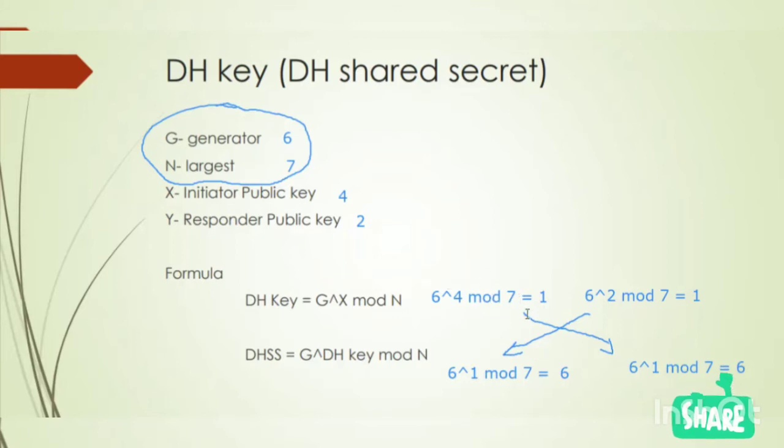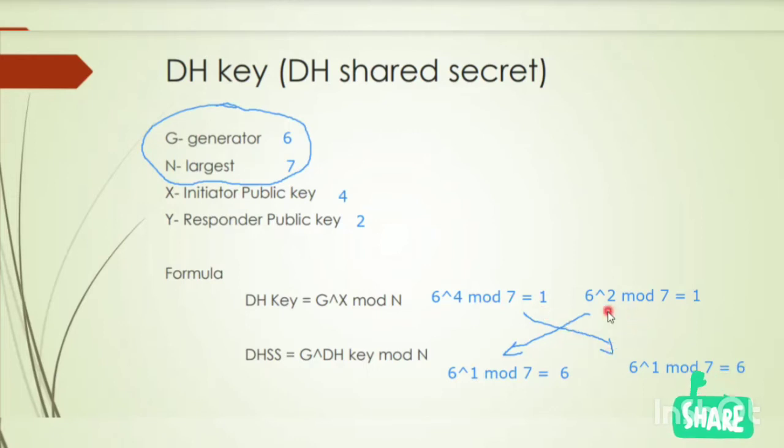They shared the DH key with each other. So this is the third packet and fourth packet. Let me show you. This is the third packet, which contains the DH key from the initiator and a nonce, and it's going here.